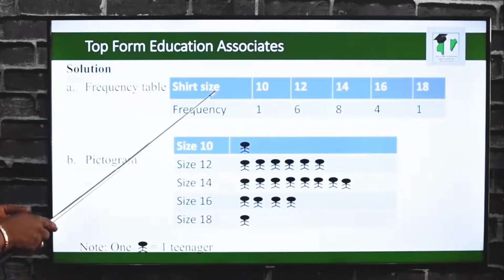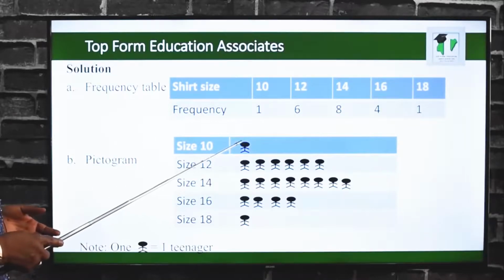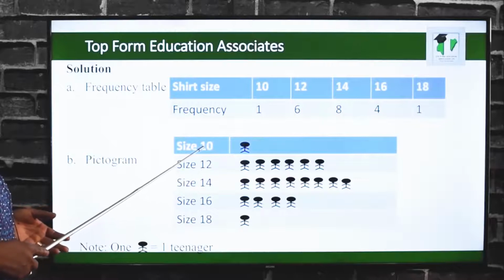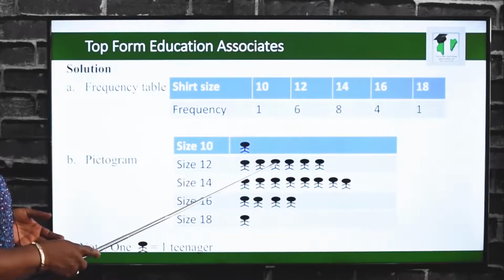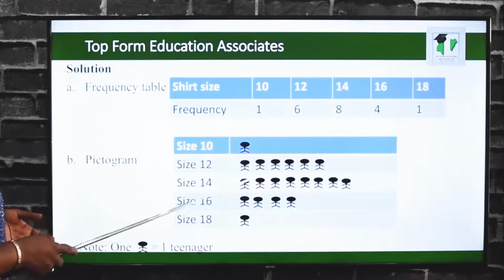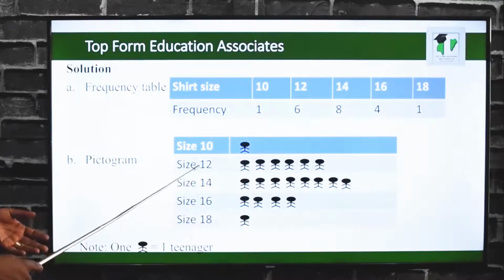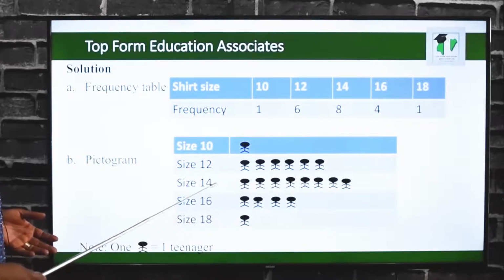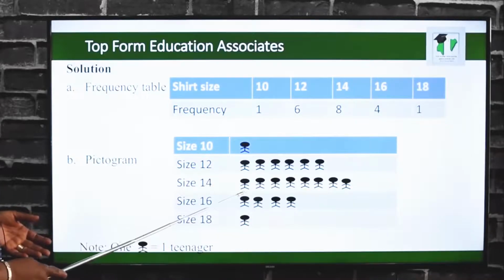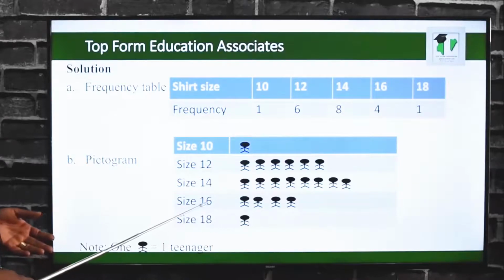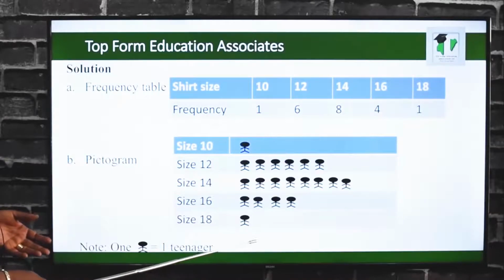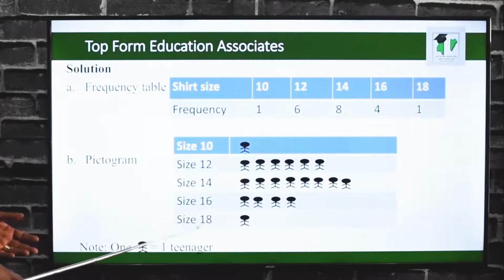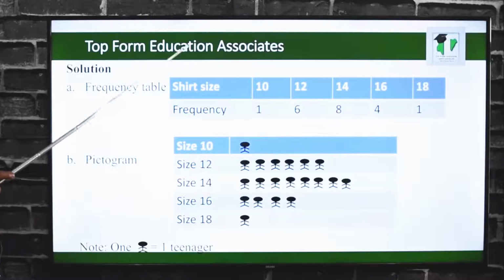So from this frequency table, one student wears size 10, 6 teenagers wear size 12, 8 teenagers wear size 14, 4 teenagers wear size 16, and 1 teenager wears size 18. So this is that same information in pictogram.